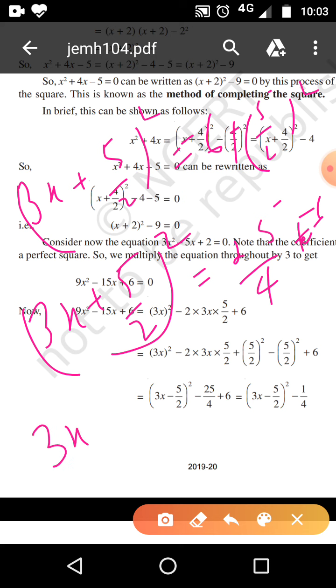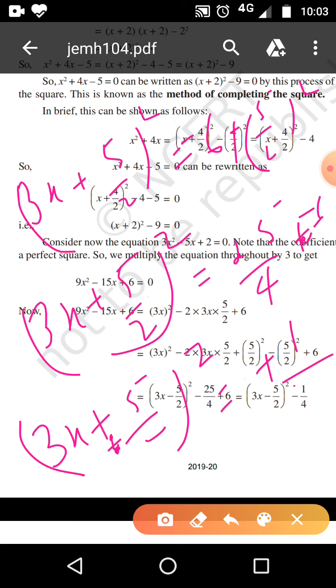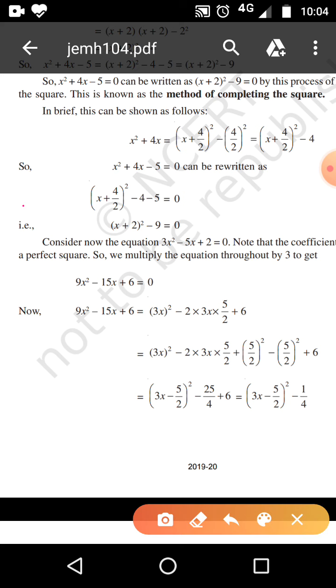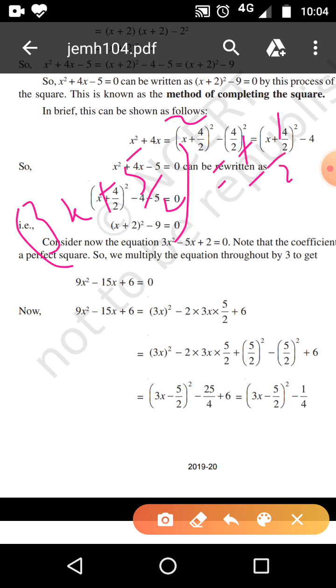So 3x plus 5 by 2 whole square is equal to 25 minus 24 by 4, that is 1 by 4. So 3x plus 5 by 2 is equal to plus minus 1 by 2.